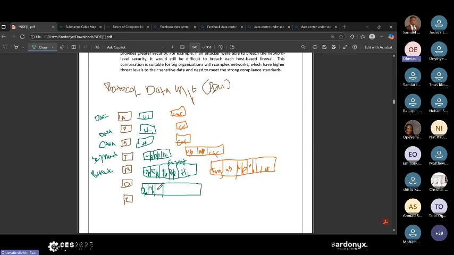But let me write it in full. We have the source IP, the destination IP, the source port, and the destination port.